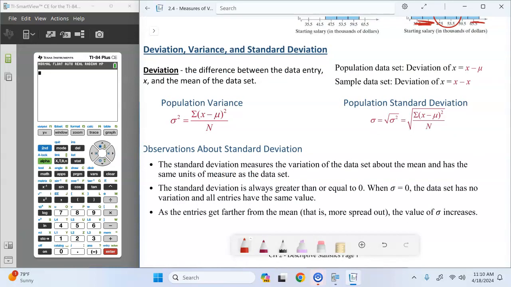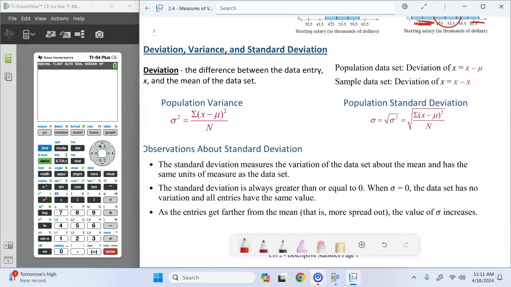Now, the range doesn't give us a full picture. Range can often be thrown off by the existence of outlier data, which usually causes a problem. And again, it only takes 2 data points into consideration. So something that can be a much better measure is our deviation, which is used to calculate variance and standard deviation.